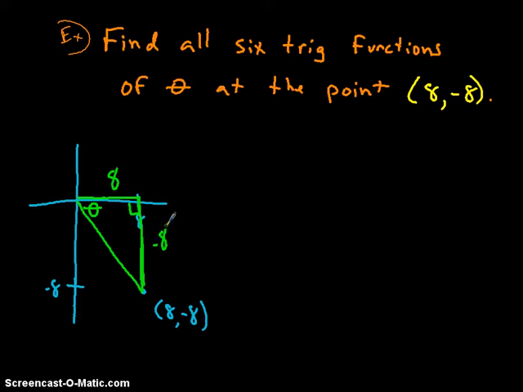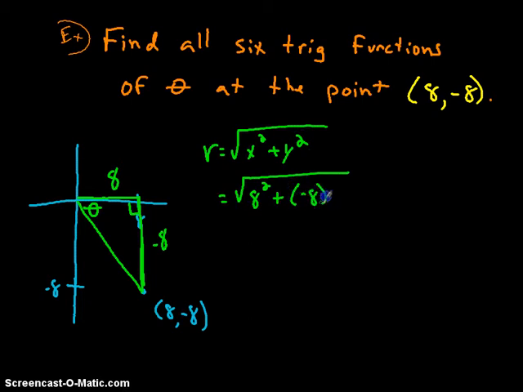Again, what you're missing is the hypotenuse. So basically you have to find that. Use r is equal to the square root of x squared plus y squared. If that's the case, it's 8 squared plus negative 8 squared. So r is the square root of 128. You may simplify that.